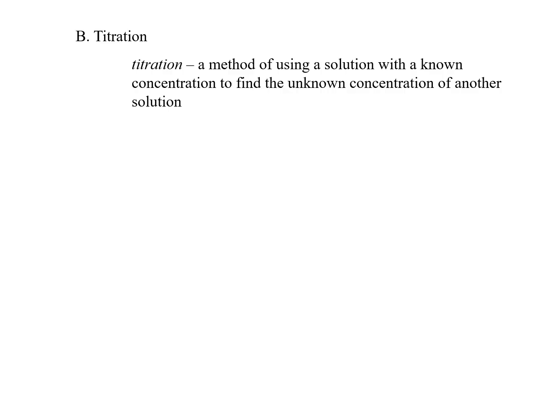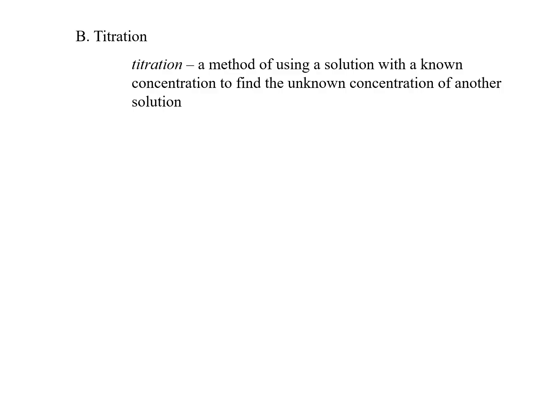So a titration is a method of using a solution with a known concentration to find the unknown concentration of another solution. So in other words, we're going to mix 2 solutions together. We know what they are, but we don't necessarily know the concentration of one of the reactants. But we know the concentration of the other one.